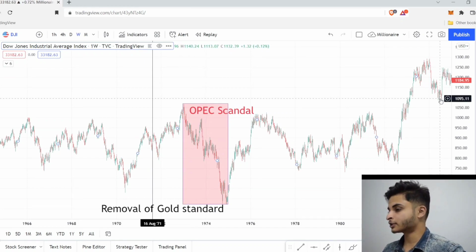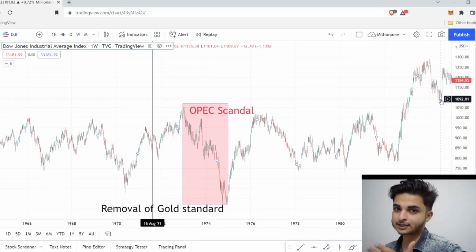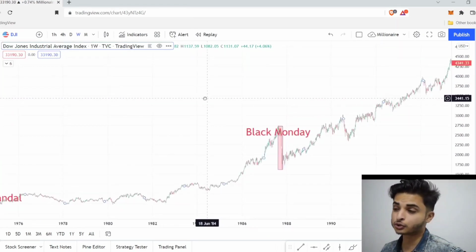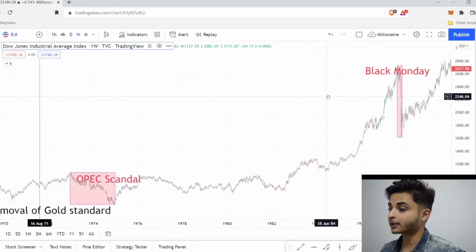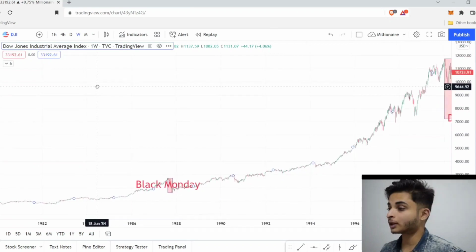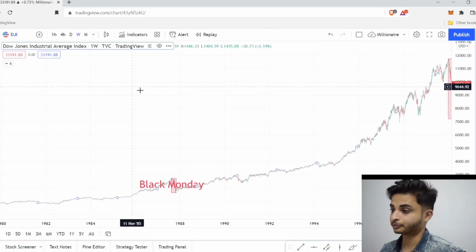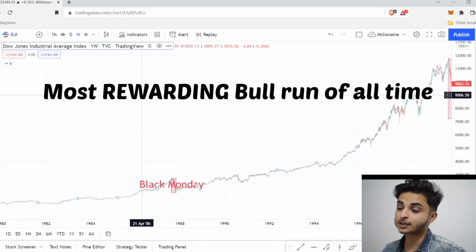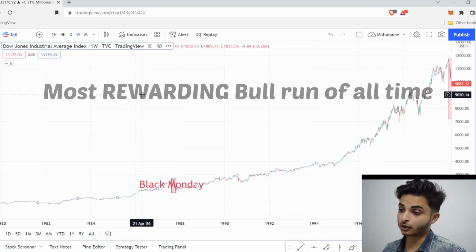You can see at the start of the bull run the market is at 1000 and for the next 15 years we would see a huge rally in the market, rallying all the way from 1000 to the peak of 12,000 in the year 2000. So the market rallies 1200% in a span of 15 years, which is more than what you have seen in history. If the market itself is giving almost 12 times return to you, then think about individual stocks.